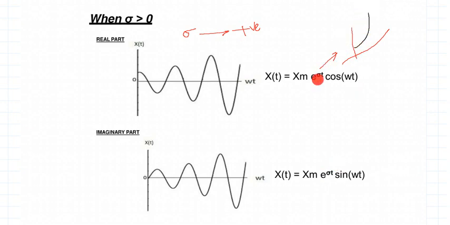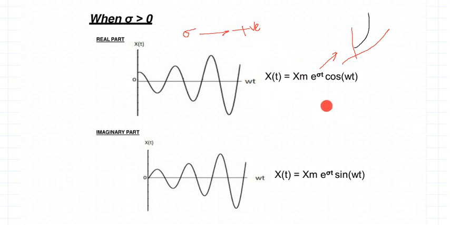Here also we have an exponential term which is exponentially increasing with respect to time. And if you multiply such an exponential term with a cos term or a sine term, what happens to the sinusoidal waveform? They will keep on increasing in magnitude, is it not? Because you are multiplying the cosine or sine wave with an exponential term which is increasing in magnitude. So instead of remaining a steady sine or cosine wave, these waves are continuously increasing in magnitude.